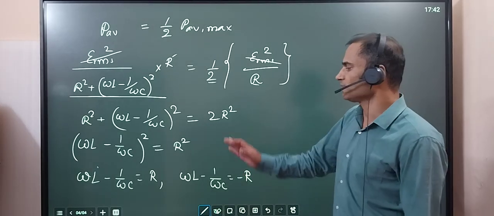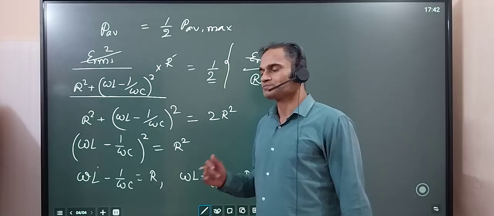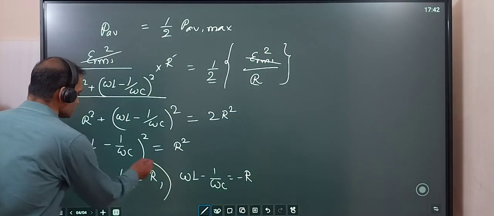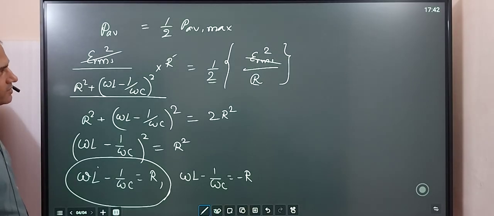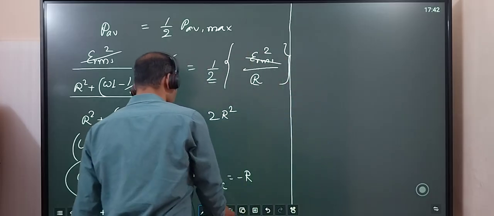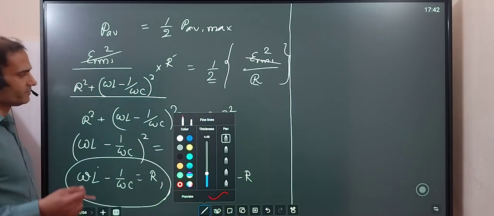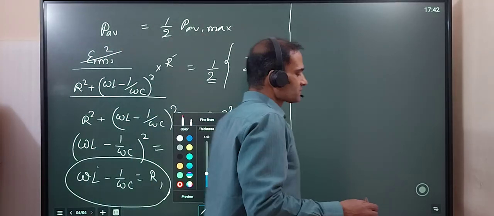So we are getting two equations, and you can clearly see that this will turn into a quadratic equation. So it looks like we are going to get four solutions, but out of the four solutions, two will be discarded.